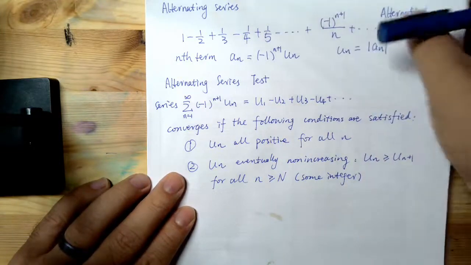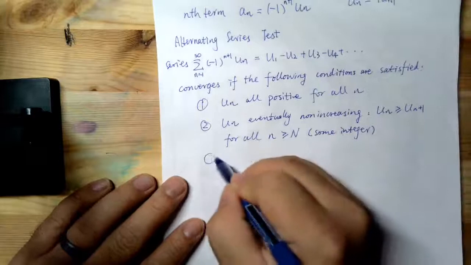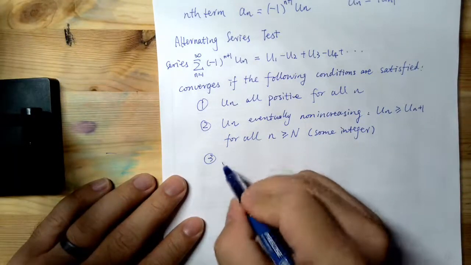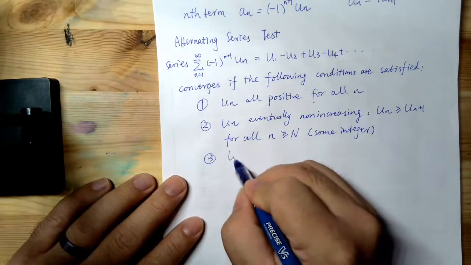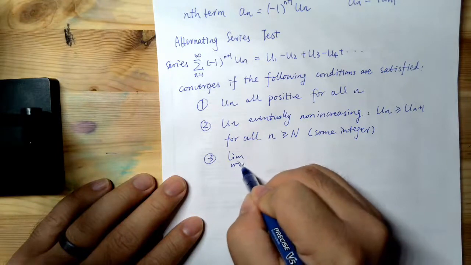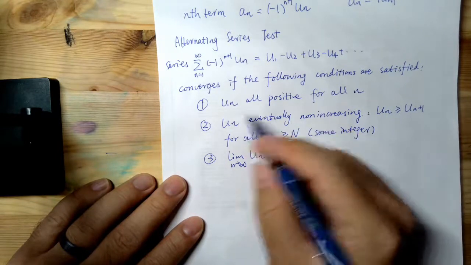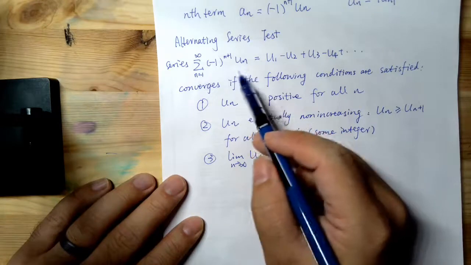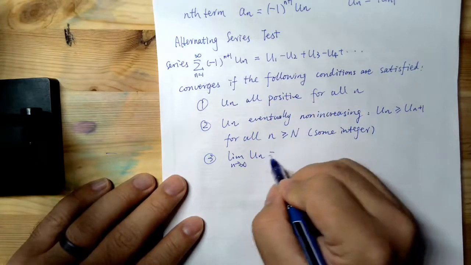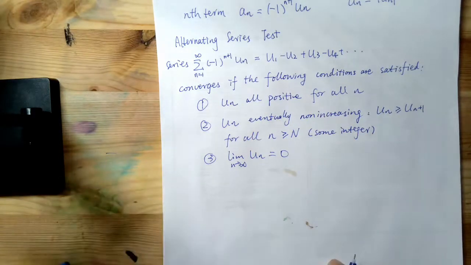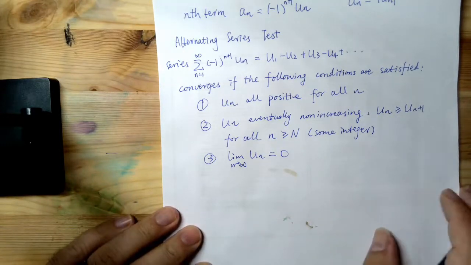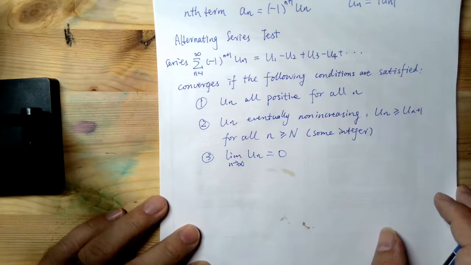And then the last condition we need to satisfy is the limit as n goes to infinity of u_n, the absolute value of the nth term, must equal 0. So those are the three conditions for this alternating series test.